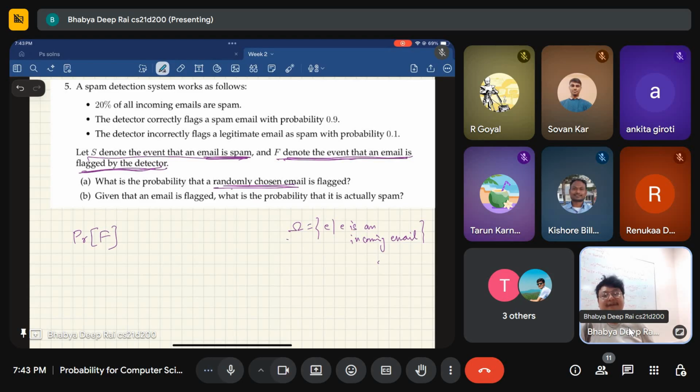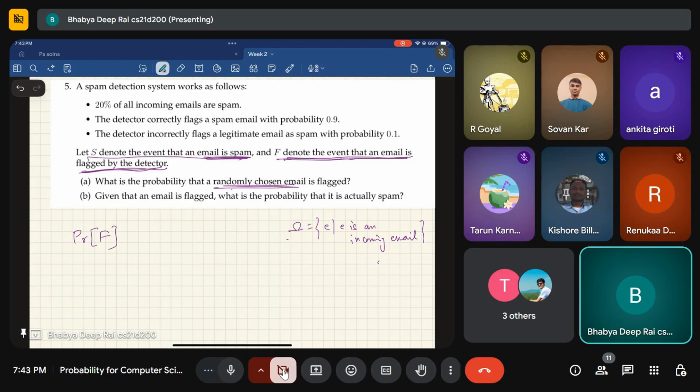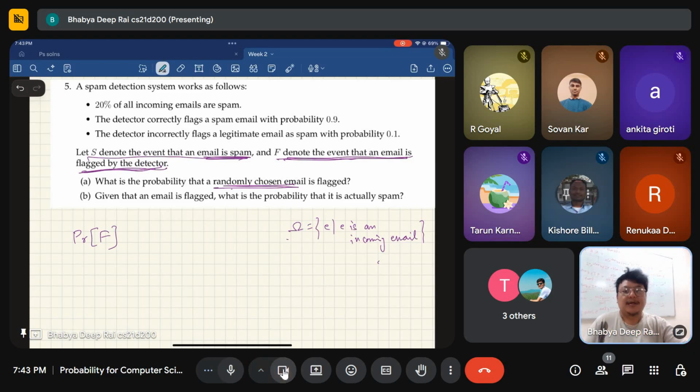Probability of F is what they are asking. Can you tell me what is the probability of F? How can we do this?